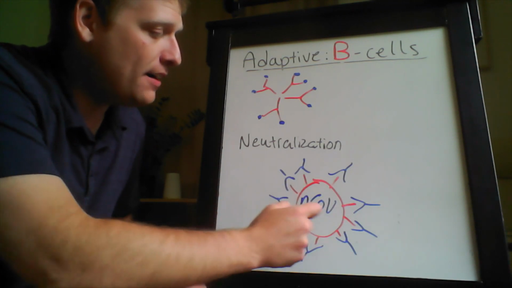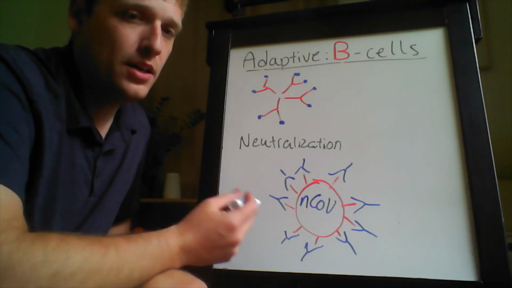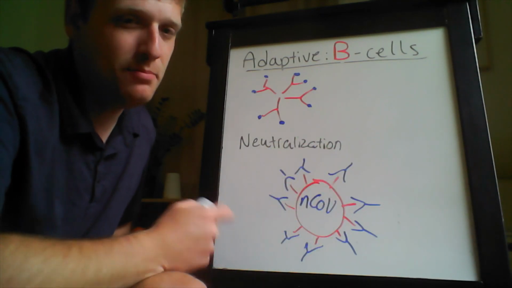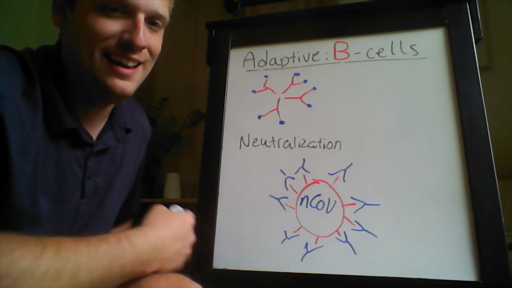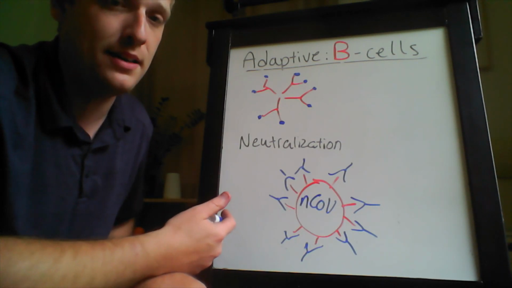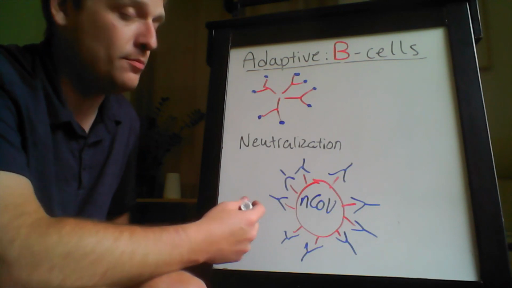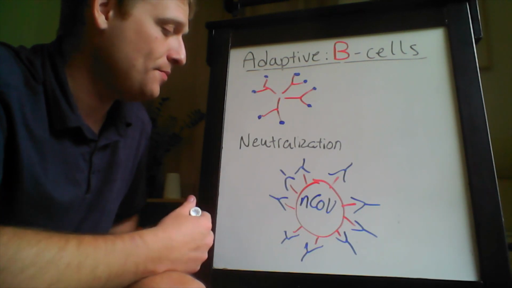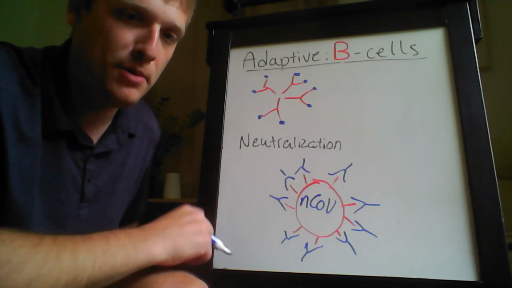So if you have a coronavirus that has antibodies stuck to its spike proteins, it's going to be much less effective at infecting the cells of your body. So this is one reason why it could be so important to have these antibodies present, and how that could confer immunity.